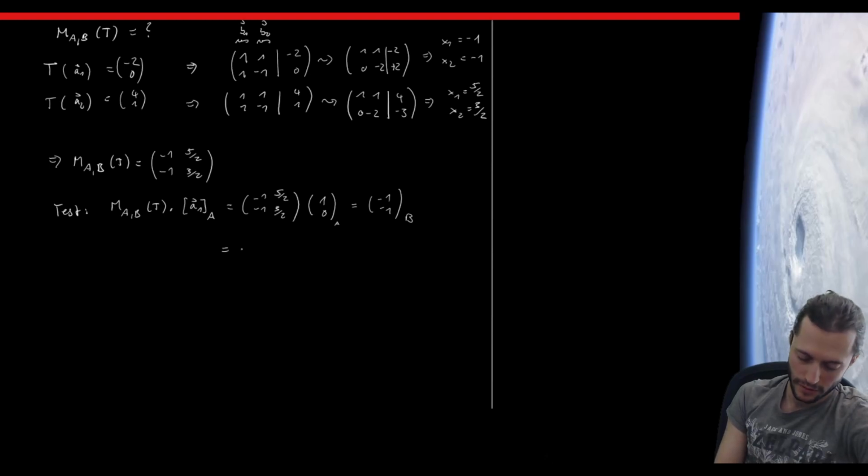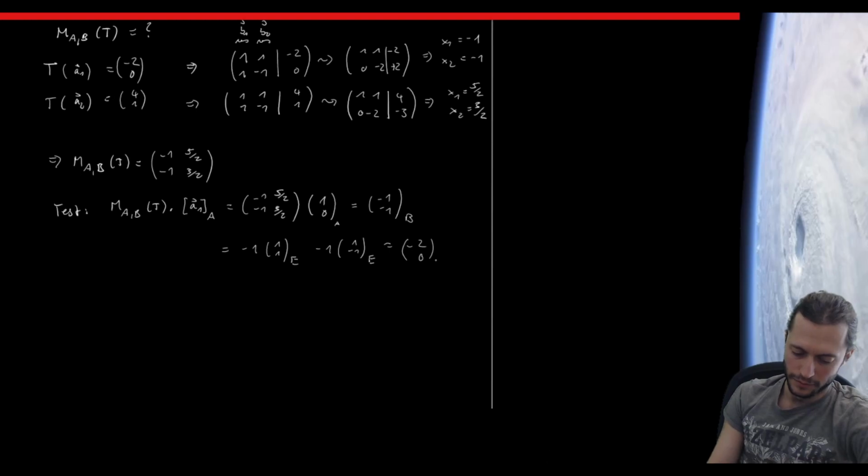which was minus 1 times the first basis vector. B1 was 1, 1, so minus 1 times (1, 1), plus the second coefficient times B2 equaling (1, minus 1), gives minus 2, and minus 1 plus 1 is 0.